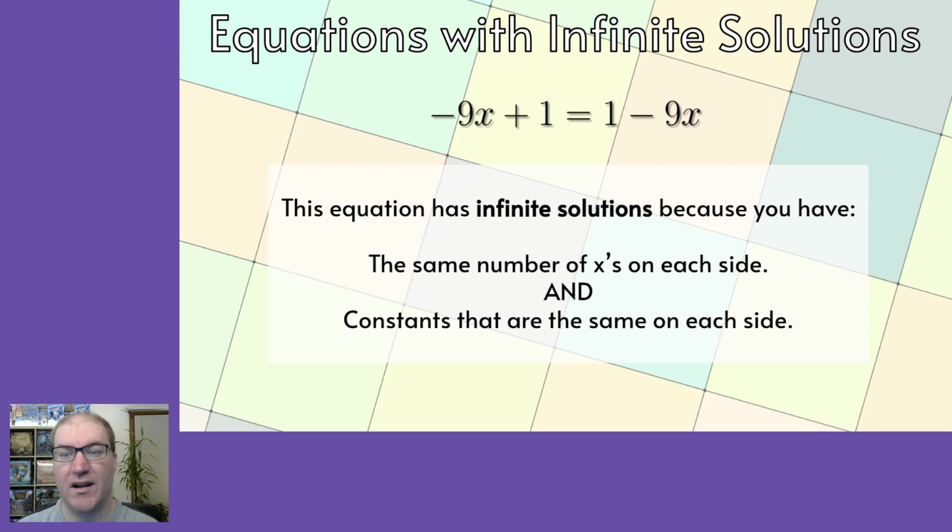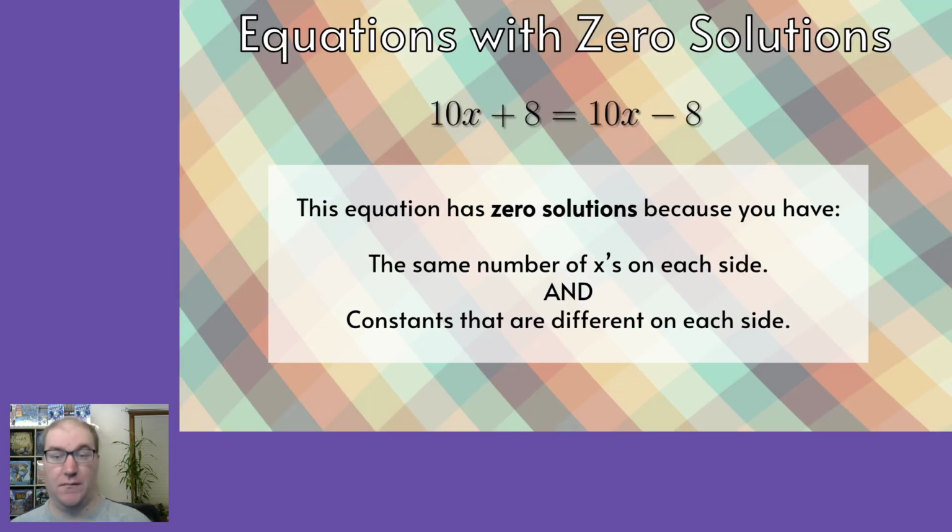Here's another example that has infinite solutions. Look carefully, there's the same number of x's on both sides, negative 9x, and the same constant on both sides, positive 1. One more example with an equation with 0 solutions. Both of these have a 10x, but look carefully, one of them has a positive 8 being added, one of them has a negative 8.